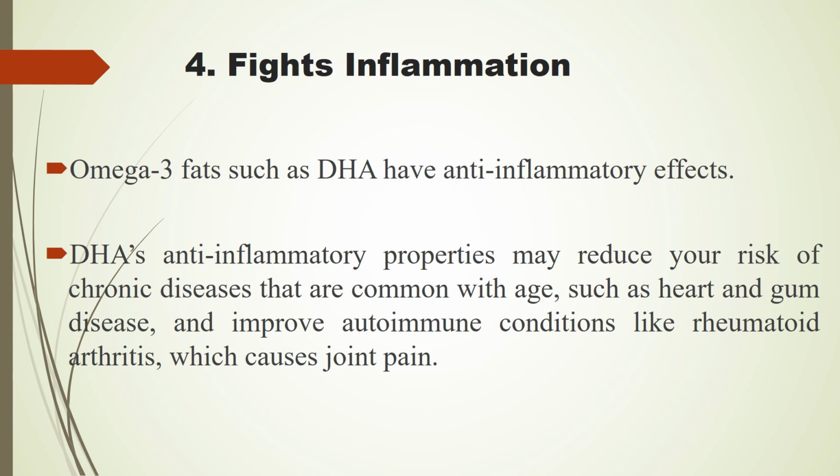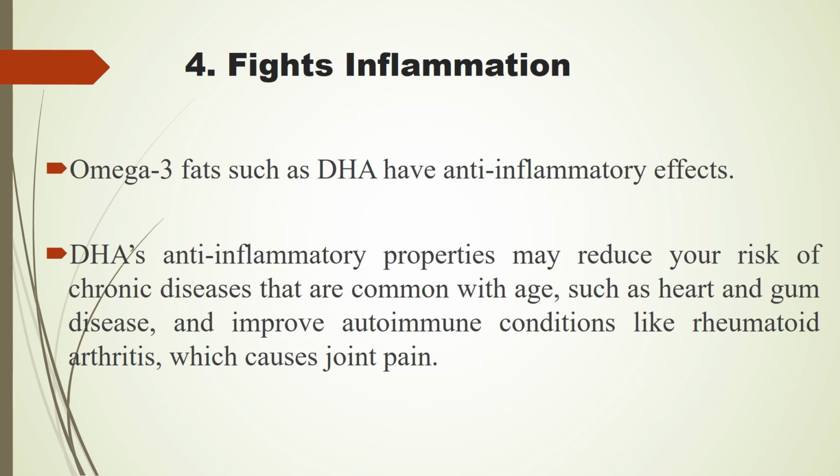Benefit number 4: fights against inflammation. Omega-3 fats such as DHA have an anti-inflammatory effect. What is inflammation? It means redness, swelling and pain in the body. Anti-inflammatory agents block certain substances in the body that cause inflammation.